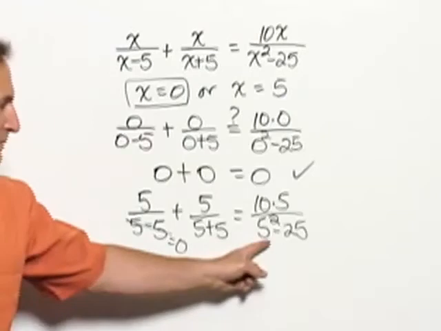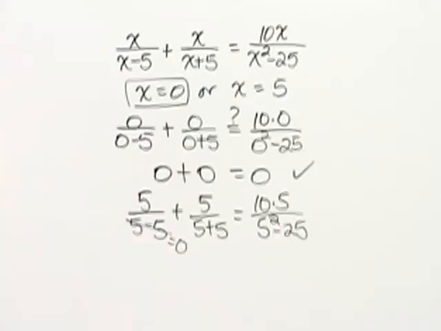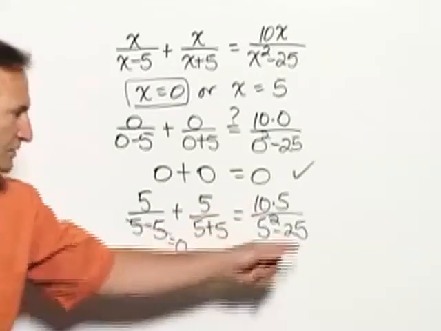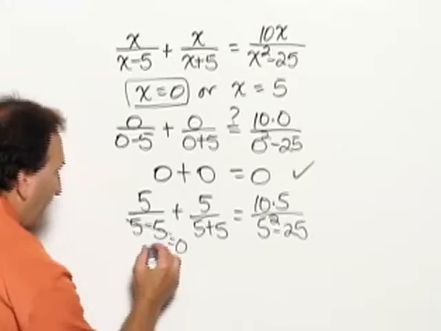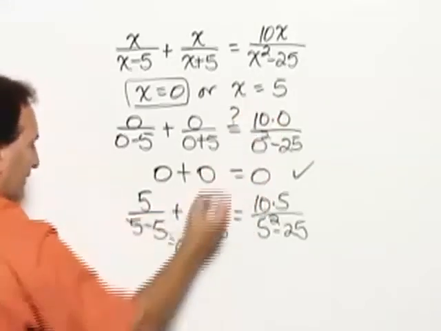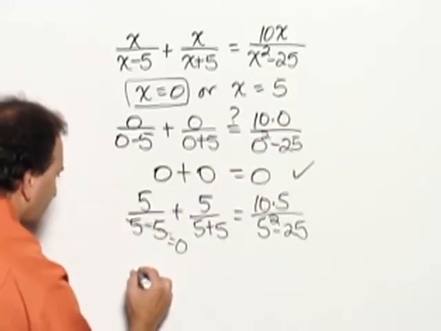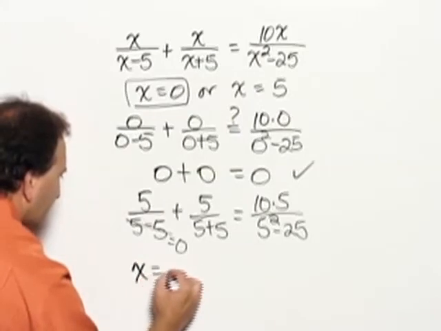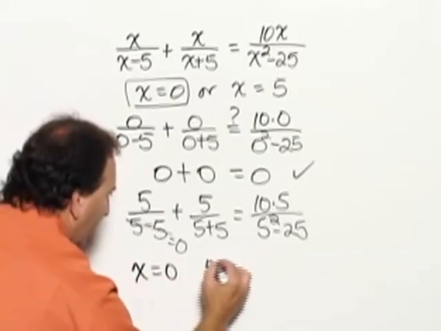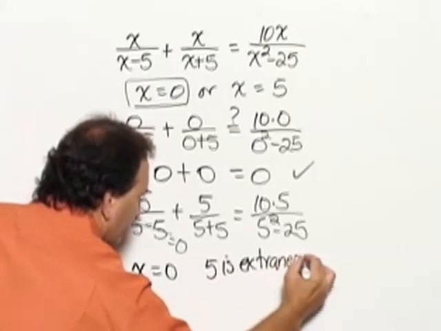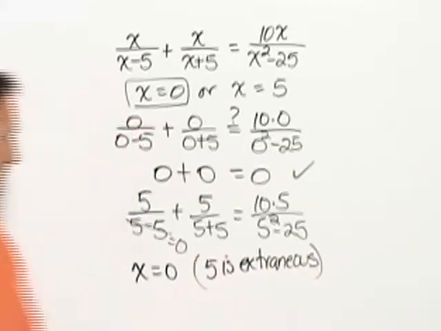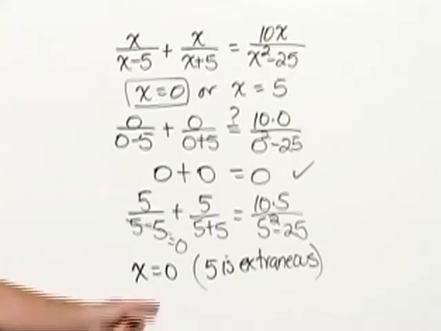At the same time, you'll notice over here, we're going to have 25 minus 25, yielding a 0 in the denominator, so this also would be undefined. What that tells us is that the answer 5 is an extraneous solution. So we have x equals 0, and 5 is extraneous. So the only solution is x equals 0.